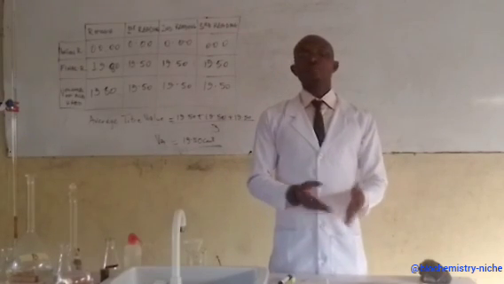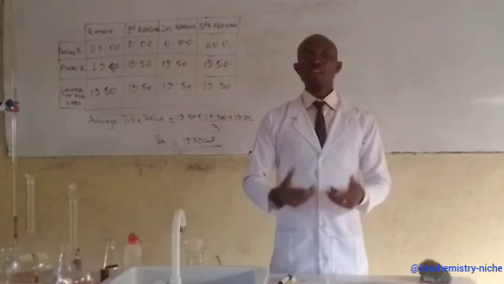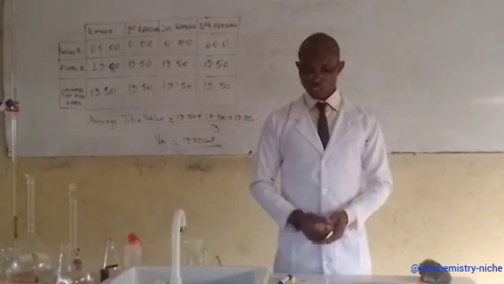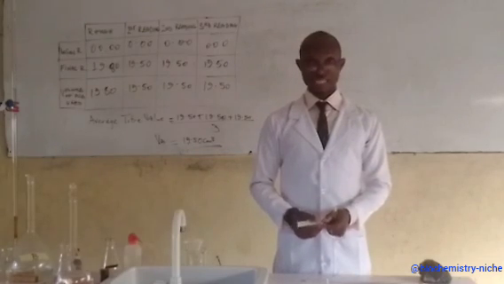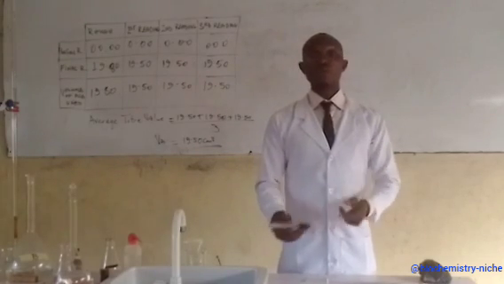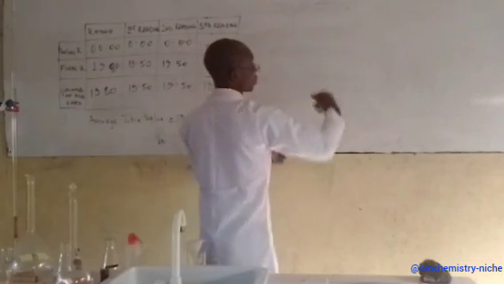It depends on the parameters that you have been given. The parameters you have been given will determine the type of formula that you will be using. So let us quickly put down a few formulas that will be needed in solving some questions. Let me put them down here, after which we continue.